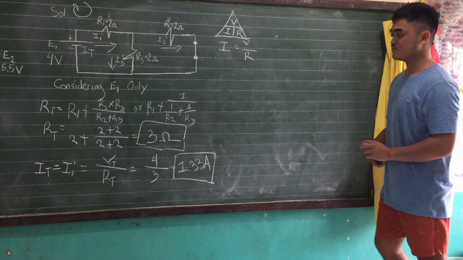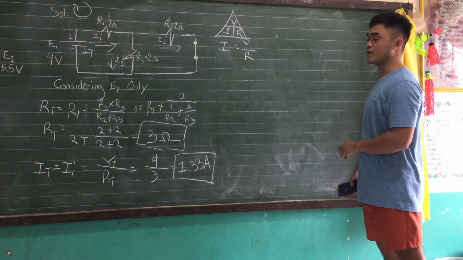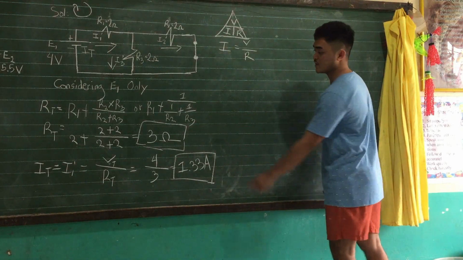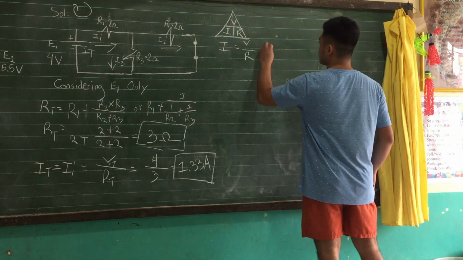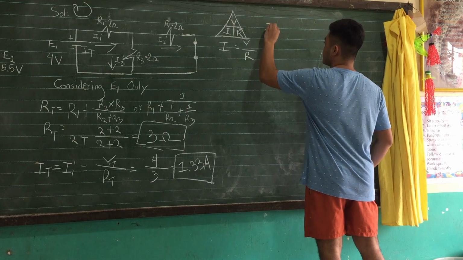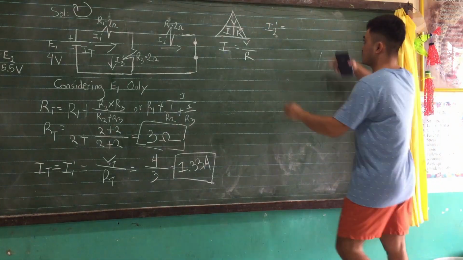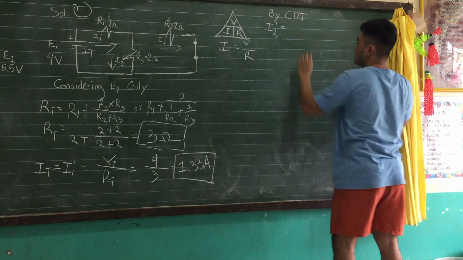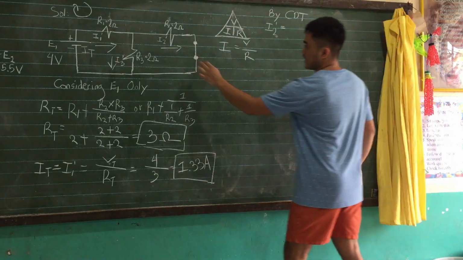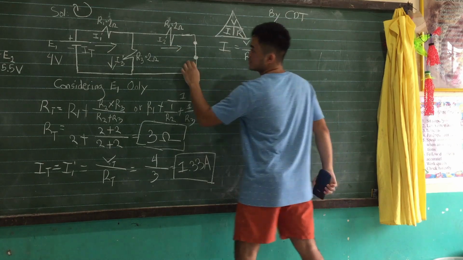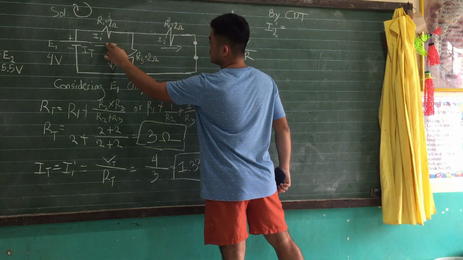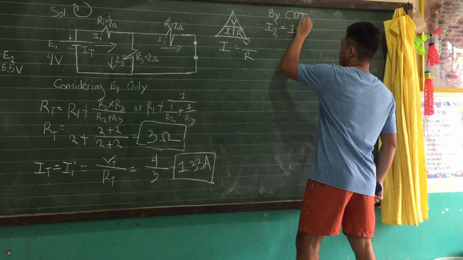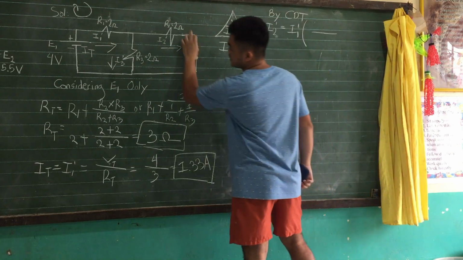Ngayon, kailangan na naman natin hanapin yung I2 prime. Since meron na tayong I1 prime equal to 1.33 ampere, our I2 prime, by current division theorem, is equal to the resultant current, which is the I1 prime, multiplied by the opposite resistance.